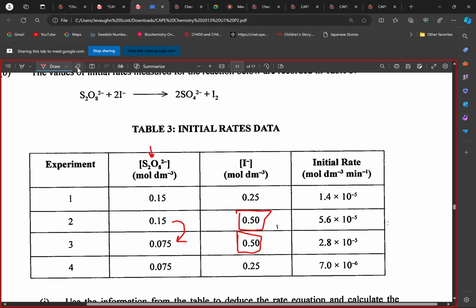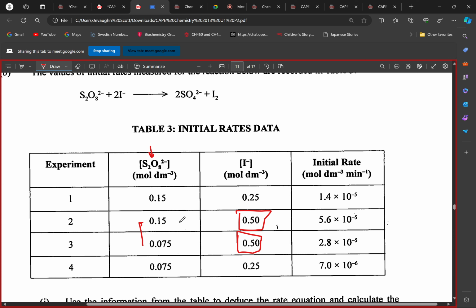No, sir. Wait, let's see. If we take 0.075 and we times that by 2, don't we get 0.15? Okay, it doubles from 3 to 2. So it halves going from 2 to 3, and it doubles going up. Wouldn't it just be the opposite? Let's see if we get 0.15.